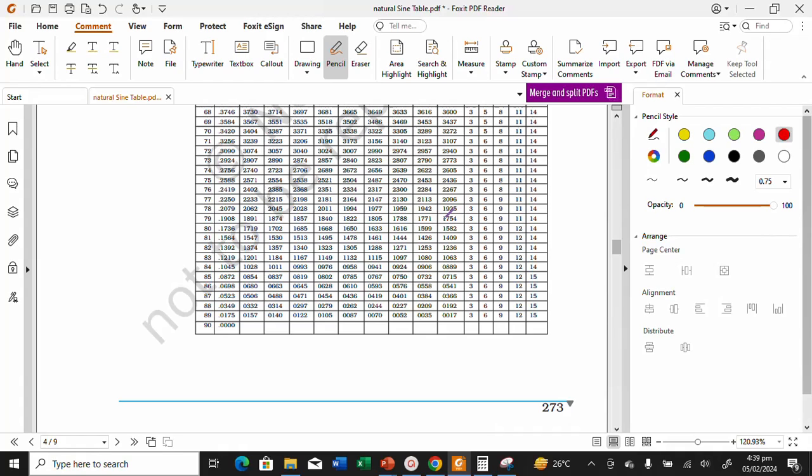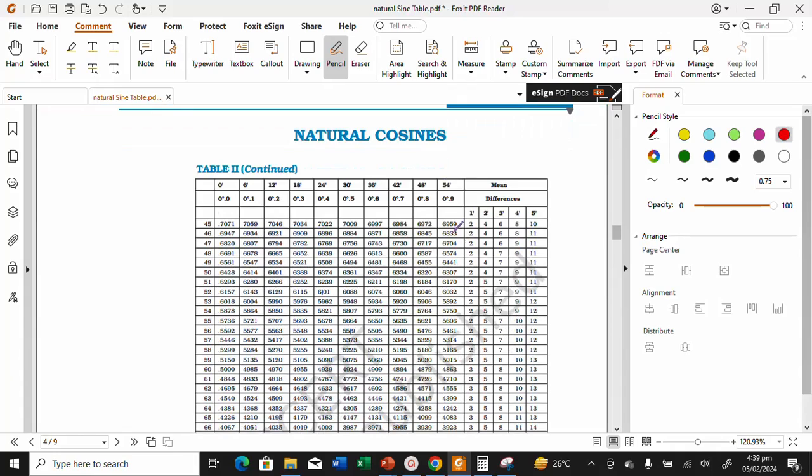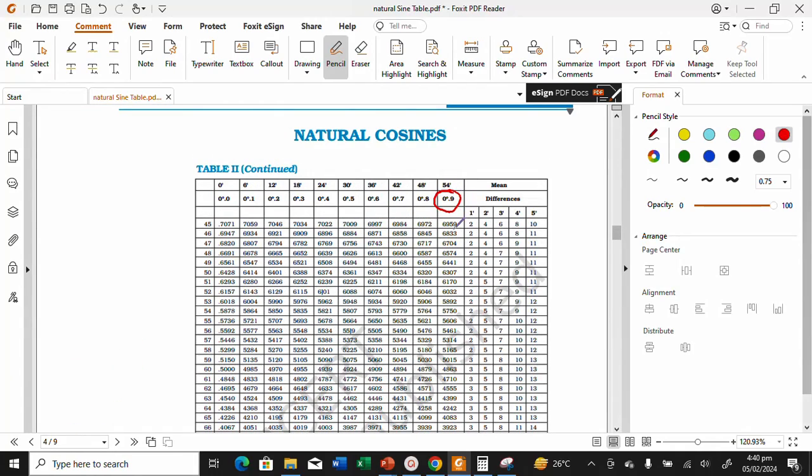So here is 0.1754. Which means that the angle should be 79 point what? 79 point 0.9. We'll choose this.